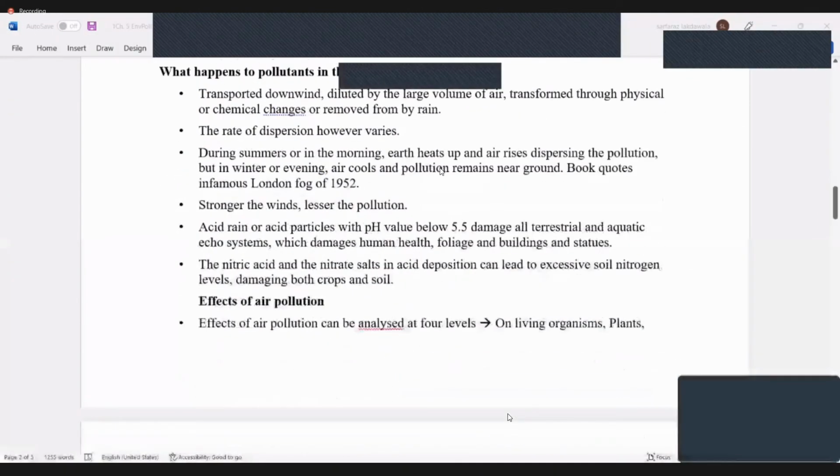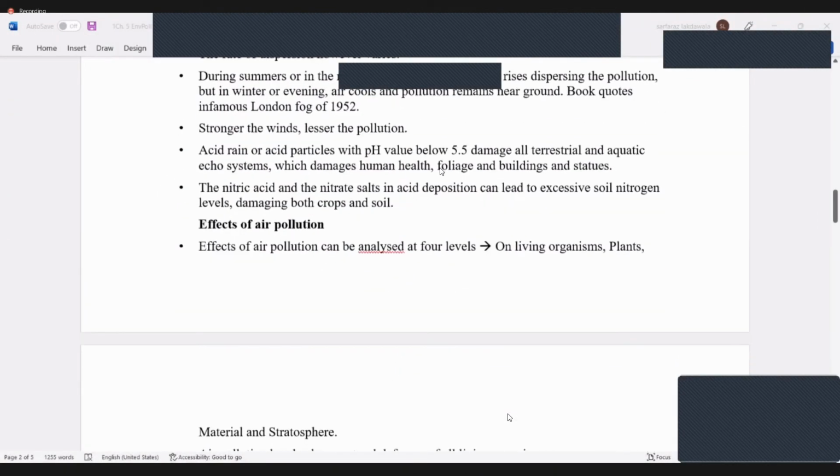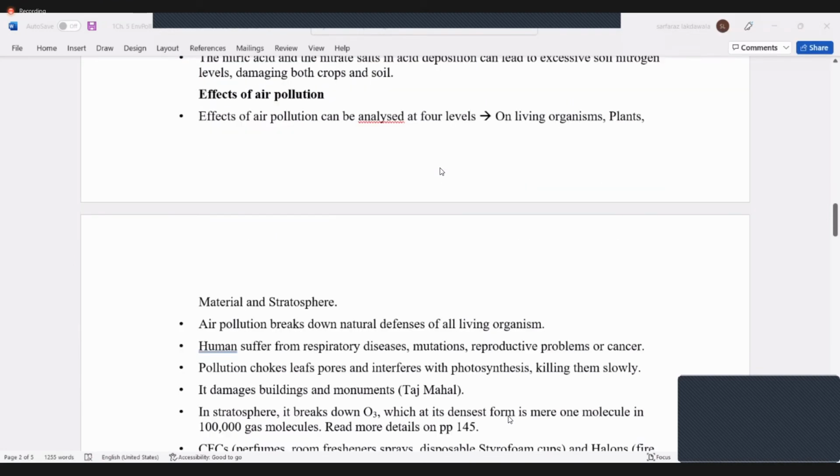So, yesterday we had stopped at the effects of air pollution. Now, talking about air pollution, what are the effects on the living organism, plants, material, and the stratosphere?